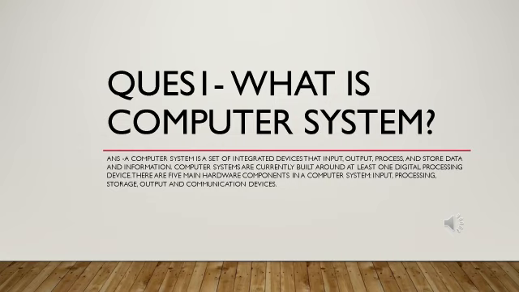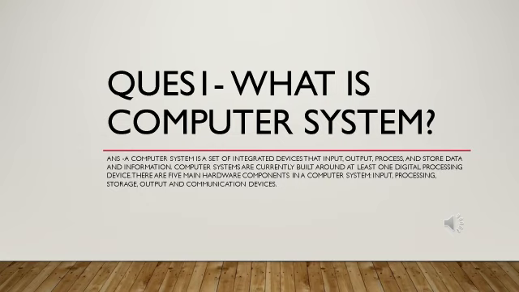A computer system can be considered as the combination of hardware and software which processes data to convert it into meaningful information.